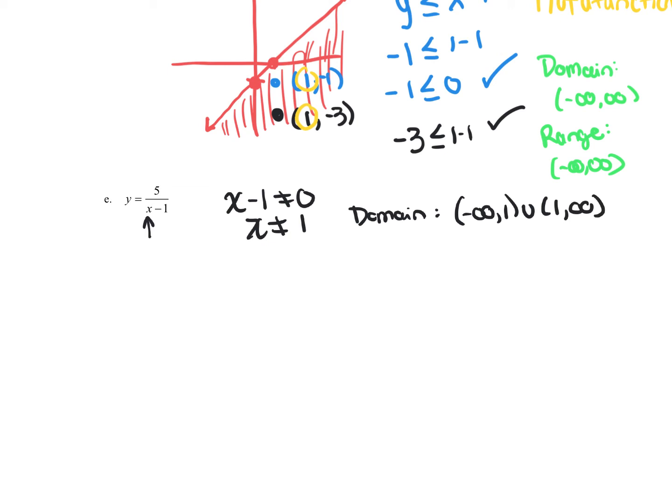My range are the things that come out. I have a fraction, which has a numerator and a denominator. I can put different things in for x in the denominator.